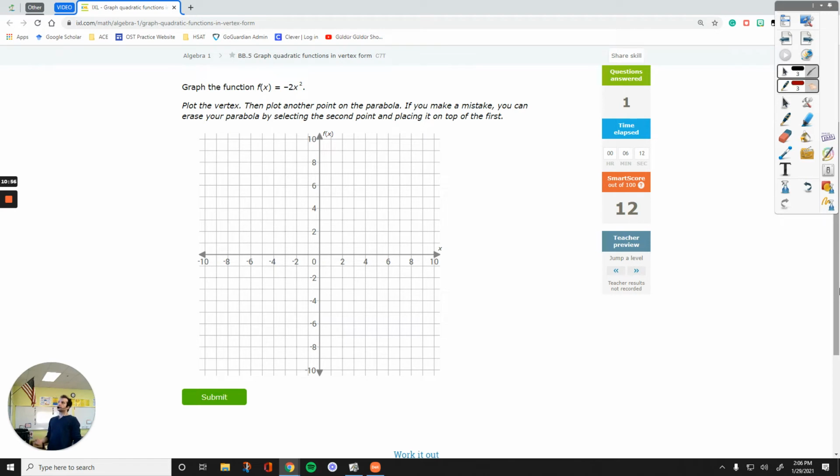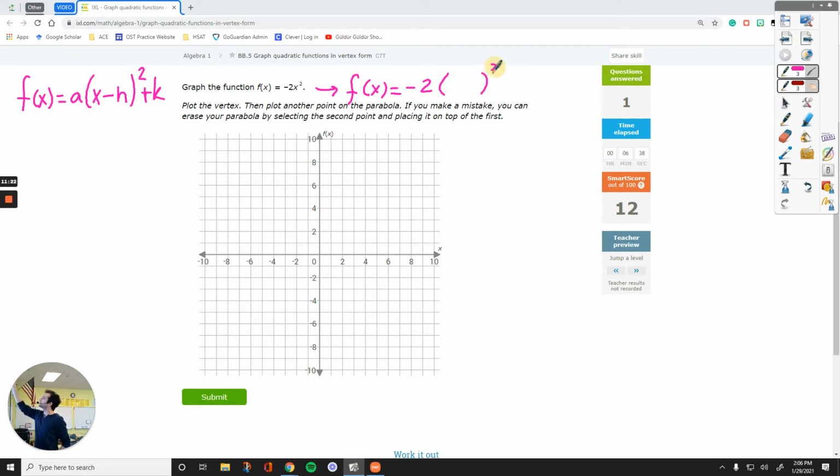So let's just make that equation look like f of x. The general form is f of x equals a times x minus h squared plus k. I'm going to make it look like this. So then, -2 is my a. I'm just squaring the x, right?